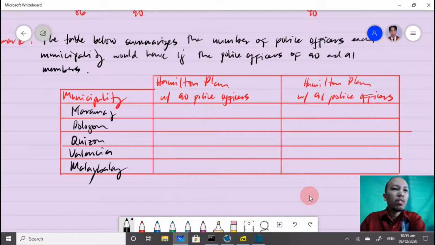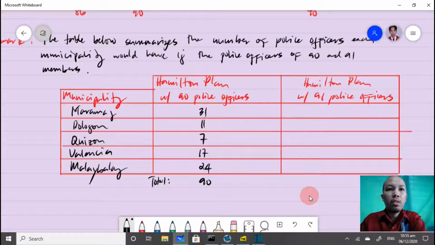Let's rewrite again: 31, 11, 7, 17, and 24, and this adds up to 90. This is the total, so we have 90.